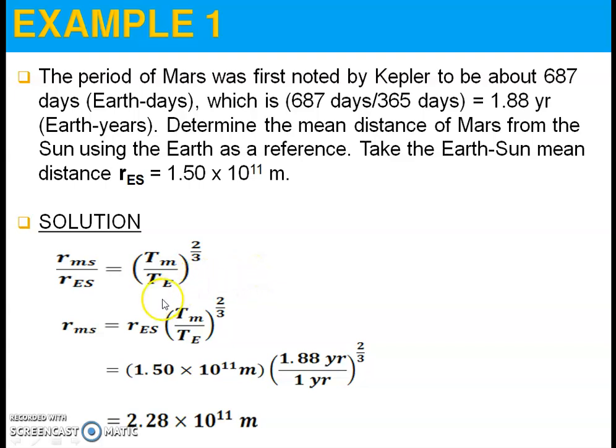From here, we make RMS the subject of the formula and get that RMS is equal to RES times (TM over TE), all in bracket, to the power 2 over 3. So if we put in the given quantities, we solve to get that RMS is equal to 2.28 times 10 to the power 11 meters.